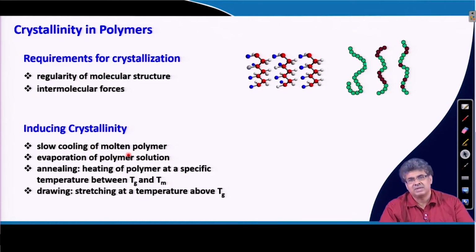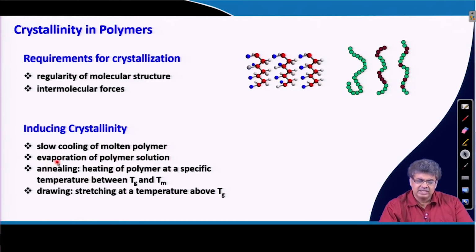If we do fast cooling like in injection molding or extrusion, we basically quench the sample, bringing down the temperature very quickly. That will hardly induce any crystallinity, because we are not giving enough time to the polymer chains to rearrange and align to form crystalline domains.